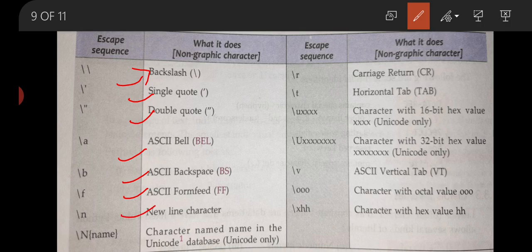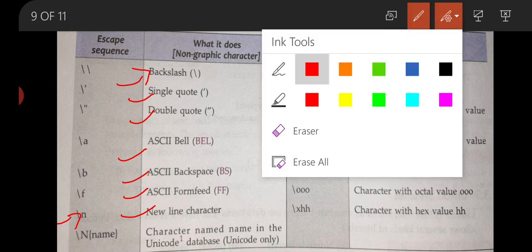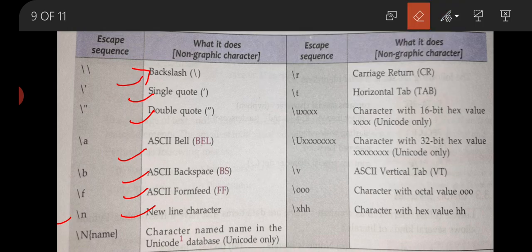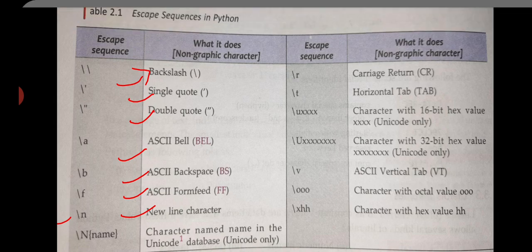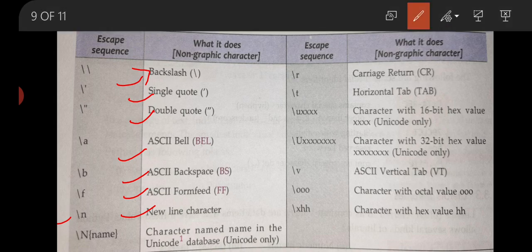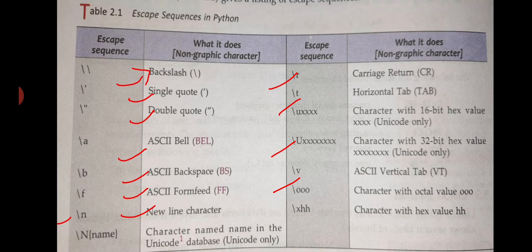That means whenever you use this, the output will change to the next line, that means a new line will be created. These are some escape sequences we will see in our live programming session.